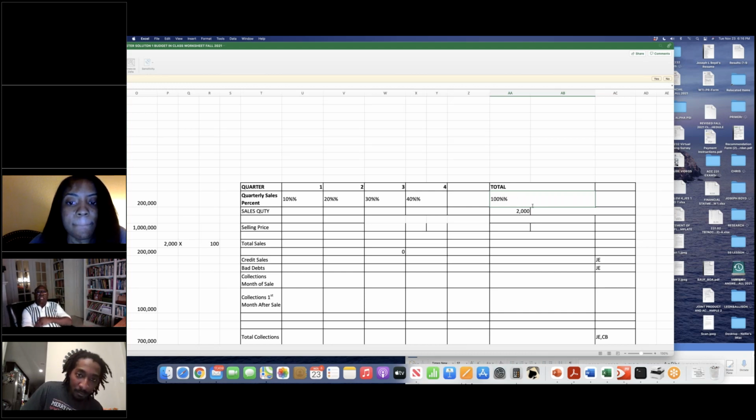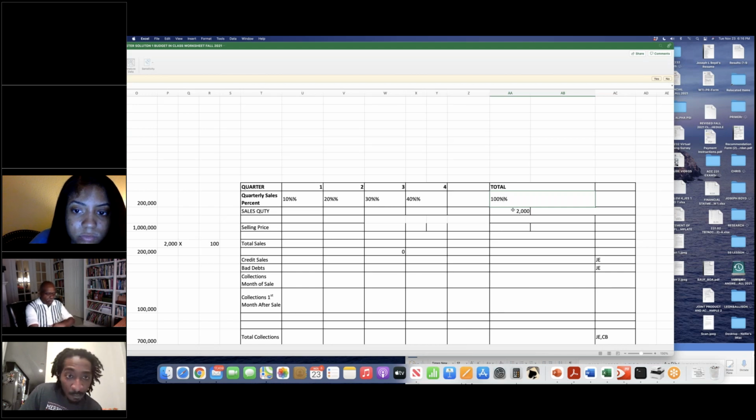So we calculate a break-even amount and we bring it in here for the sales quantity. And then we put those percentages in. So what's the third thing we're going to do? The first thing, the 2,000, the second thing, the percentages. What's the third thing we're going to do? The selling price. Well, we could do that. What's our selling price of sales?